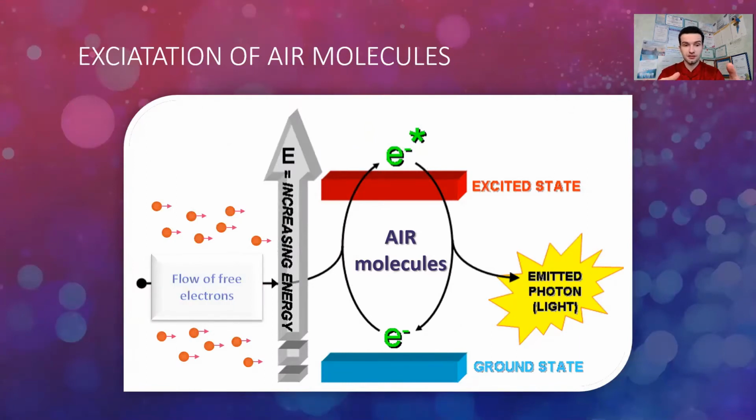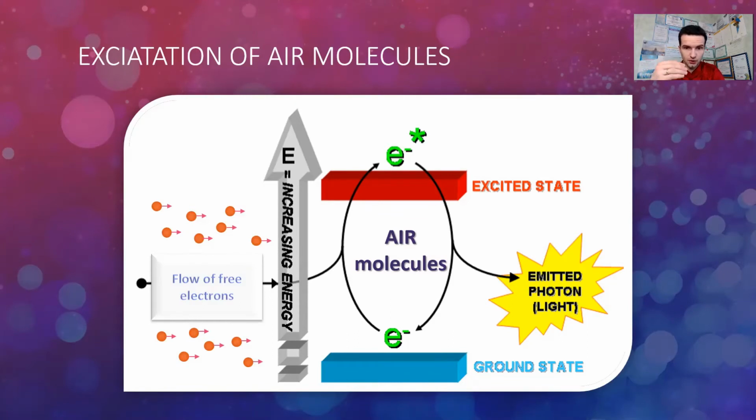So this flow of free electrons in the air, as long as it is not simply vacuum, it is air in which we are making GDV images. The air molecules absorb some of the energy that electrons transfer to them, and they go to the excited energy state. So they increase their energy state.